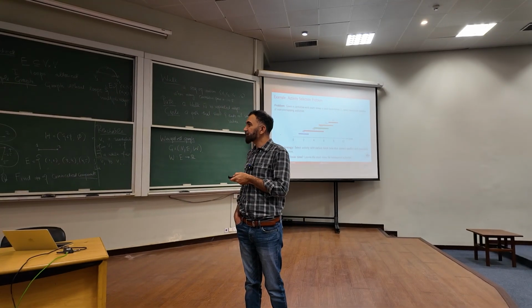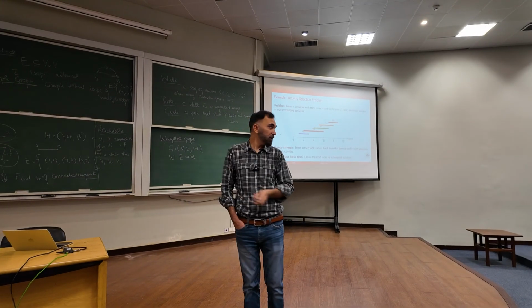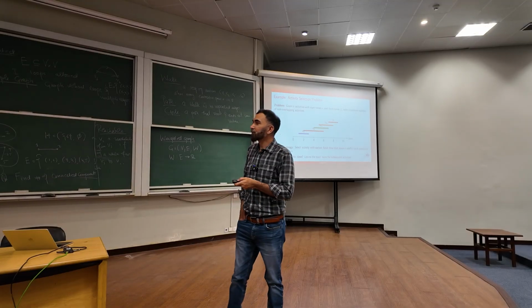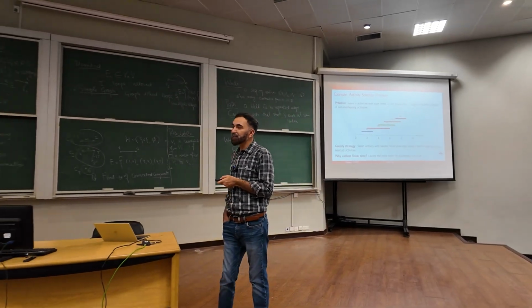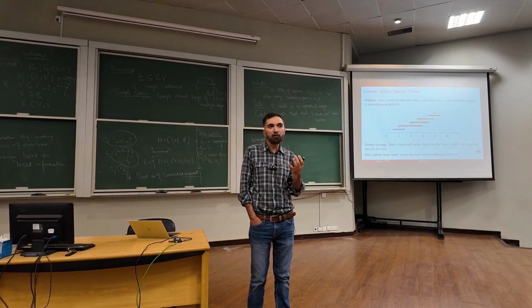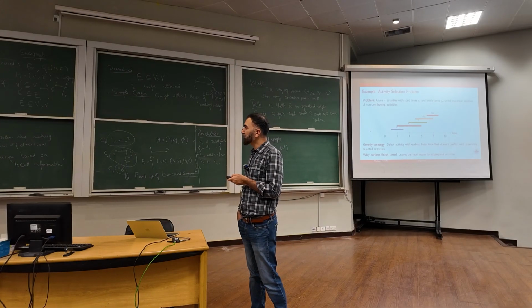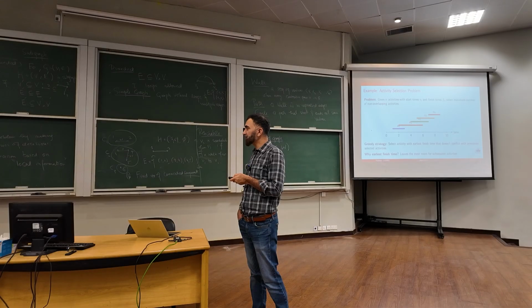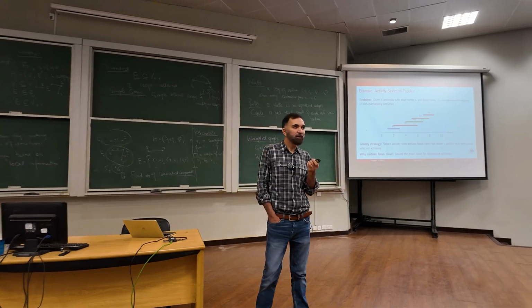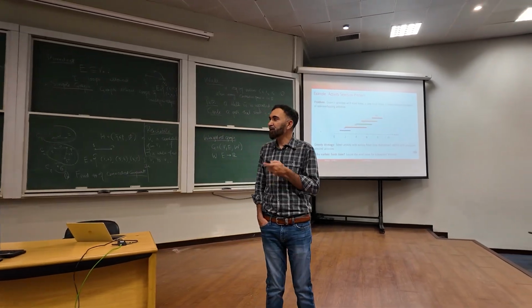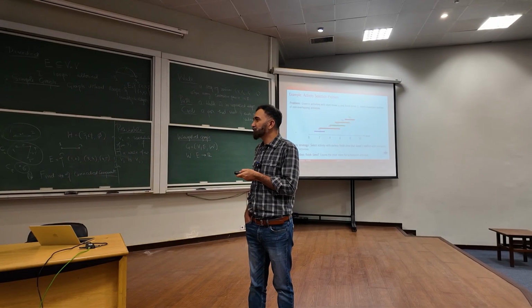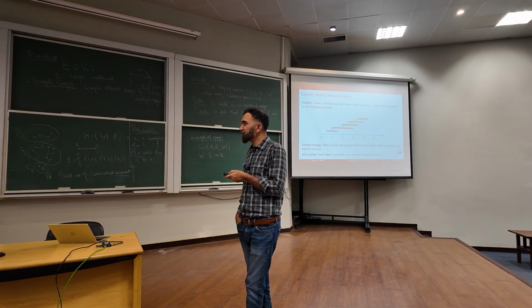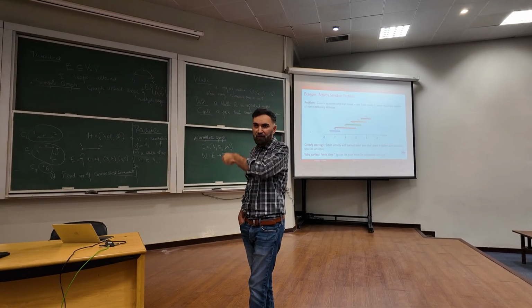I don't look at activities, for example, A3, A4, A5. So that's why it's a local decision. I only care about the activities which are locally important to me at this point. Okay? So what I do is, for example, I choose the activity which finishes first, and then make the next decision.